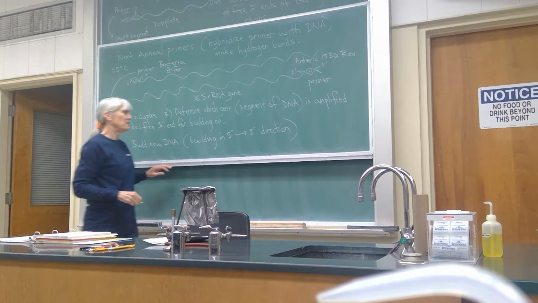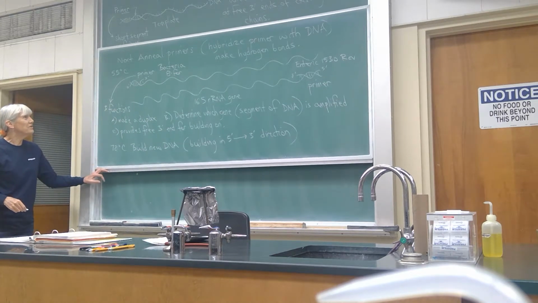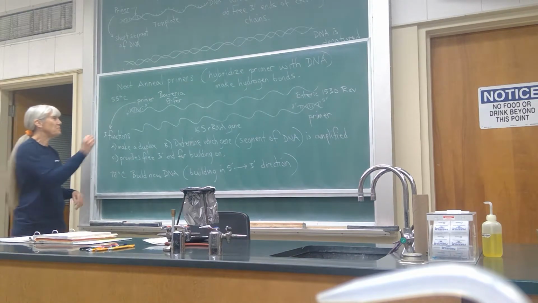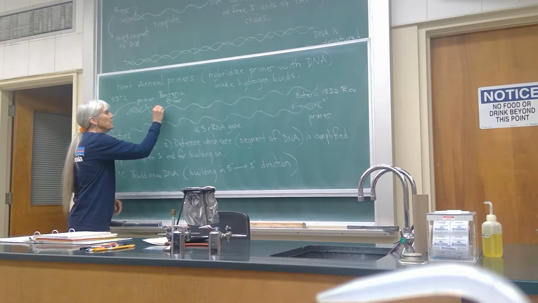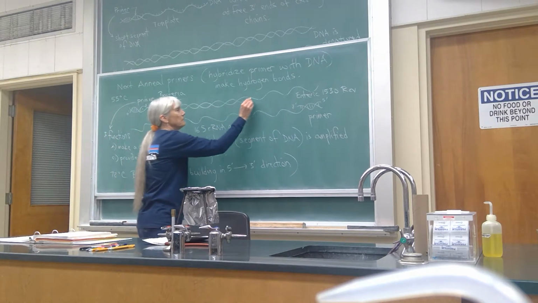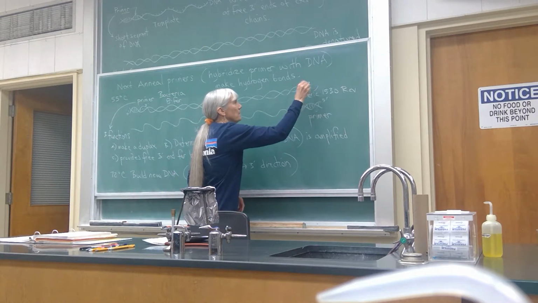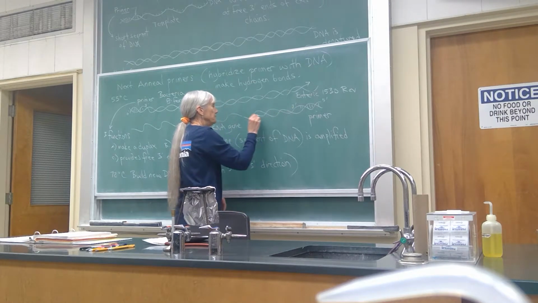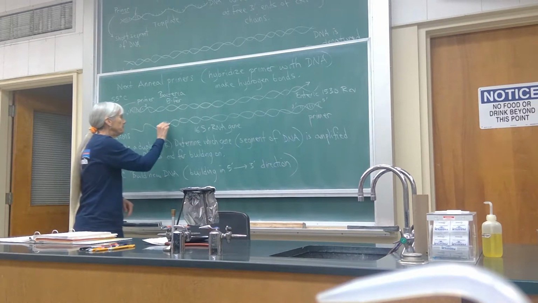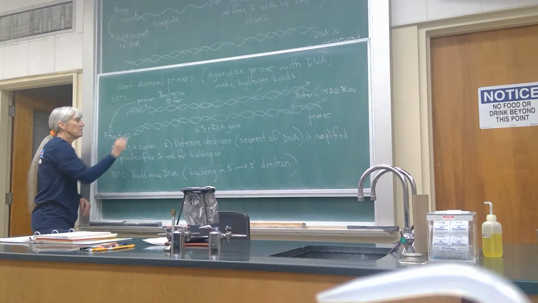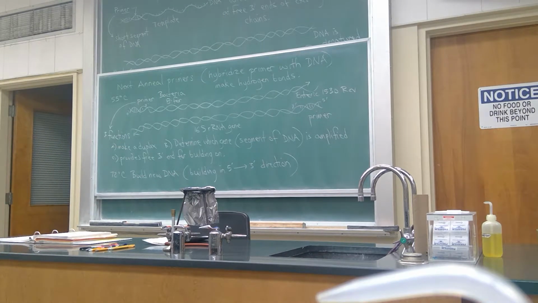Always building in the 5' to 3' direction. That is, always adding nucleotides to the 3' end. So here we're going to build this way. And here we're going to build this way. And then we get to start over again.